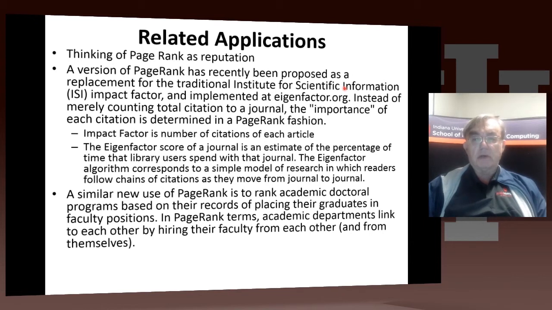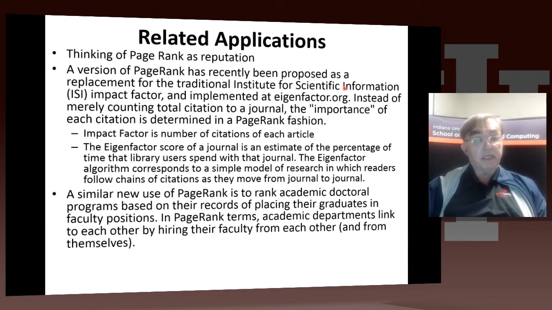There is a so-called eigenfactor method of ranking journals, which is effectively using the PageRank idea applied to journals, where the linkage doesn't come directly from actual physical hyperlinks from one article to another or one journal to another journal.